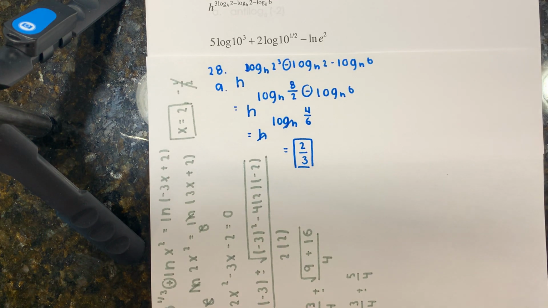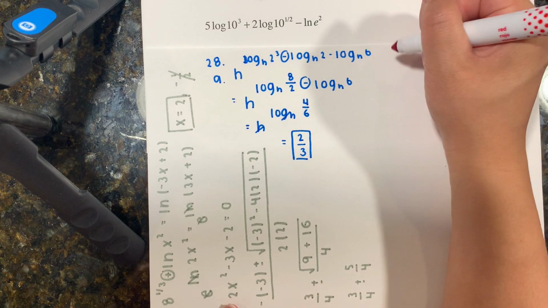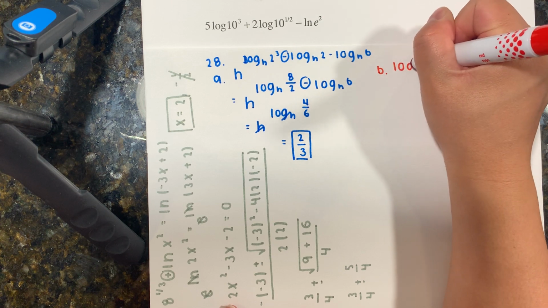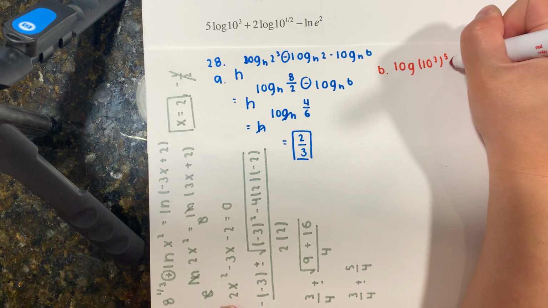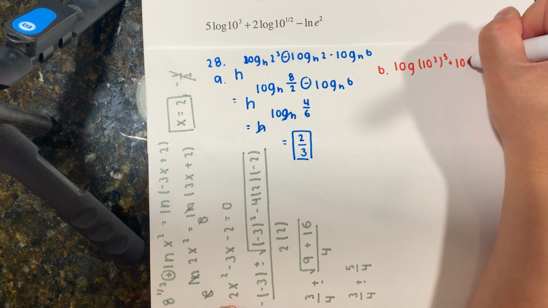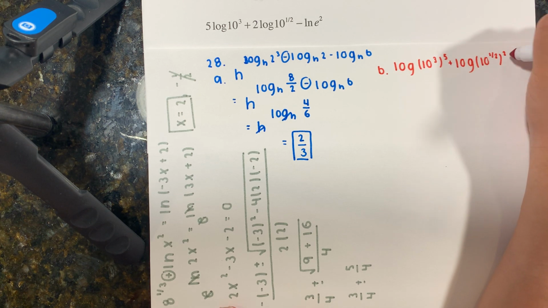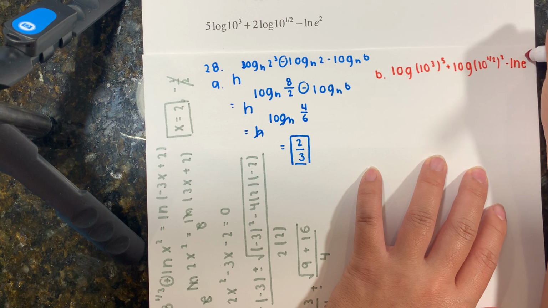For B, I have a number outside my logarithm, so those are going to end up multiplying by the current exponents. So that would be log 10 to the 3rd to the 5th plus log 10 to the 1/2 to the 2nd, minus ln e to the 2nd.